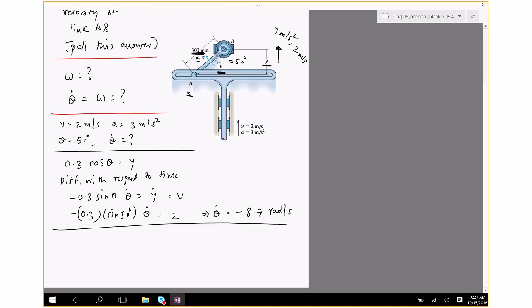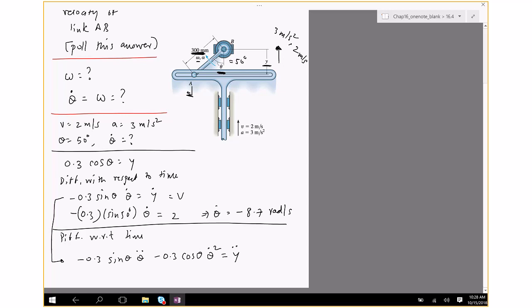And so if you want to find the acceleration, then you'll differentiate the expression again with respect to time. Differentiating this expression gives me negative 0.3 sine theta times the derivative of theta dot, so it's theta double dot, minus 0.3 times the derivative of sine theta, so cosine theta, and derivative of theta is theta dot, so I'll get theta dot squared equals y double dot.